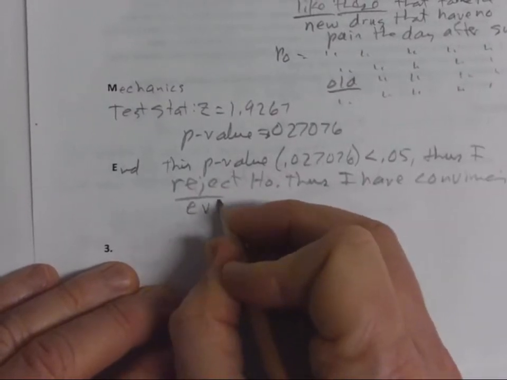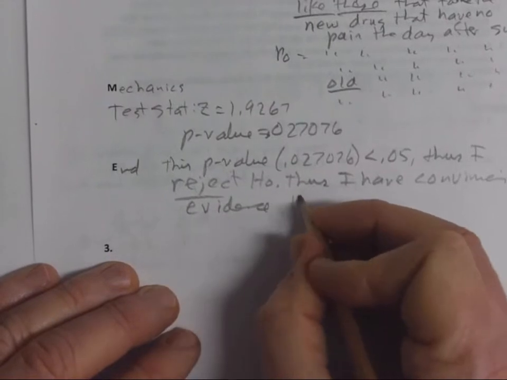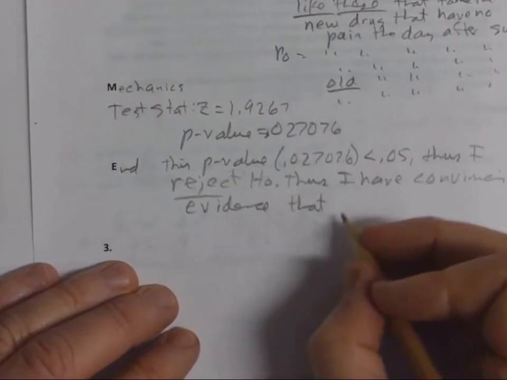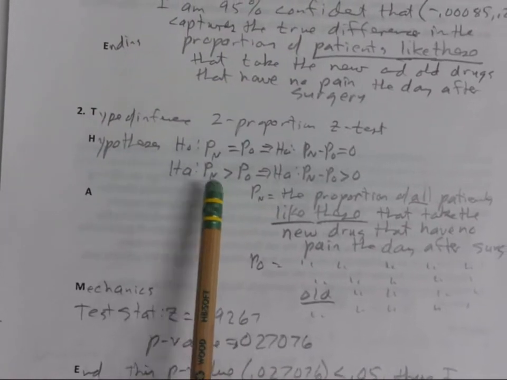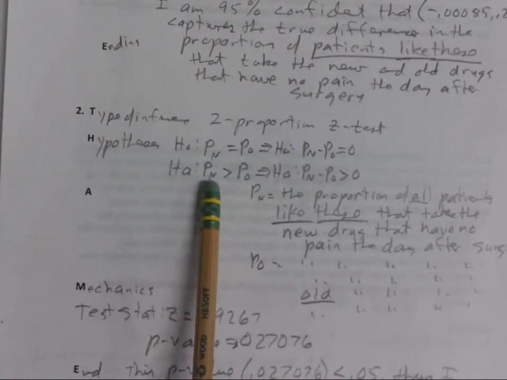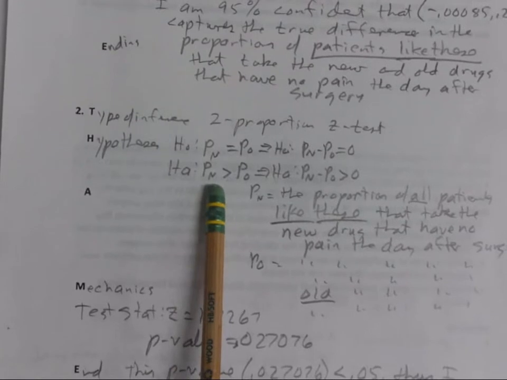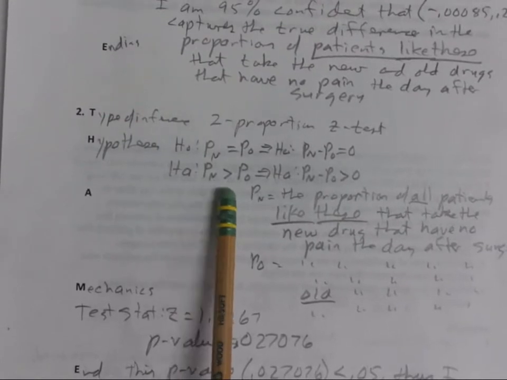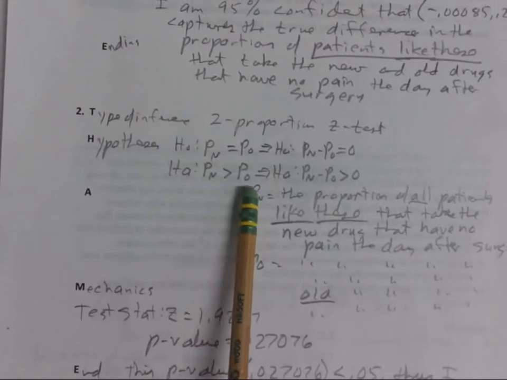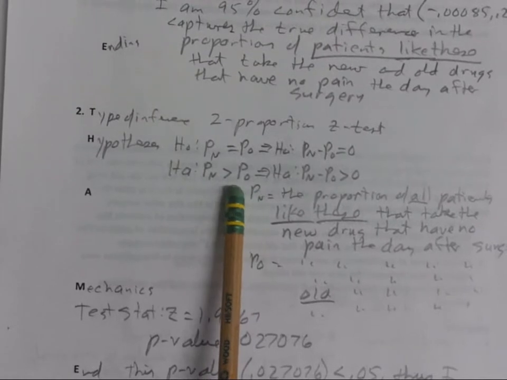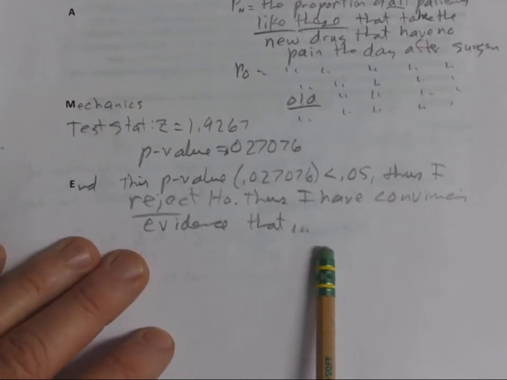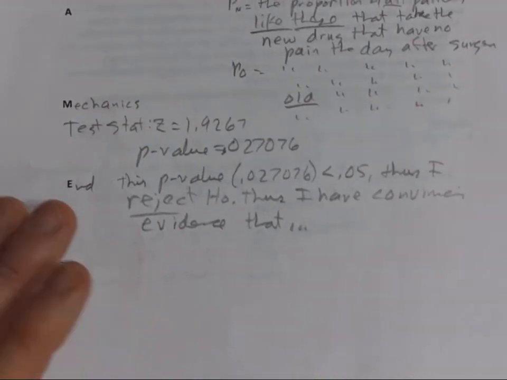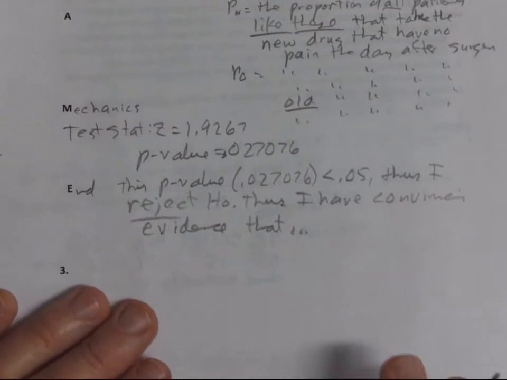Convincing evidence that, and then you state the alternative in context. I have convincing evidence that the proportion of patients like these that take the new drug that experience no pain in the day after surgery is greater than the patients like that who take the old drug who have no pain in the day after surgery, which is cumbersome to say, but you'd have to write all that out there. And once again, I hate that you have to write all that out. I don't like it, but it is what it is.